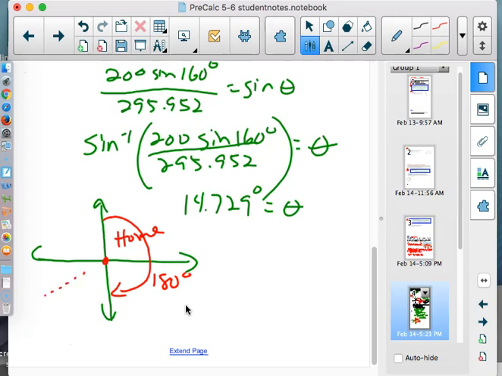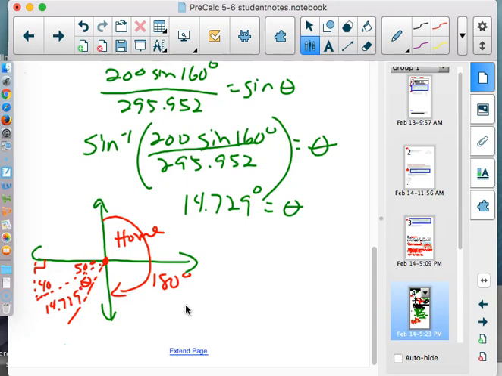When he came into home, there was a little 40-degree angle that was formed here, and that was that last heading that he had. Now what that tells us is this would have to be 50 degrees. And then we had our little theta from our triangle would sit right here, and that was our 14.729 degrees.